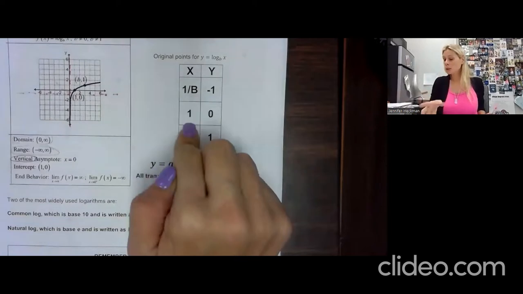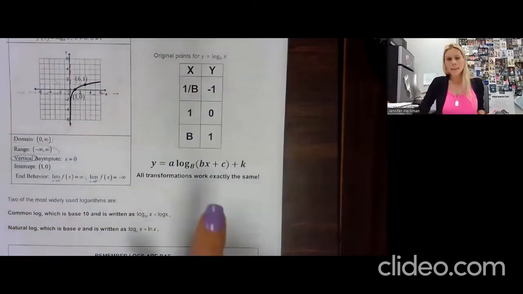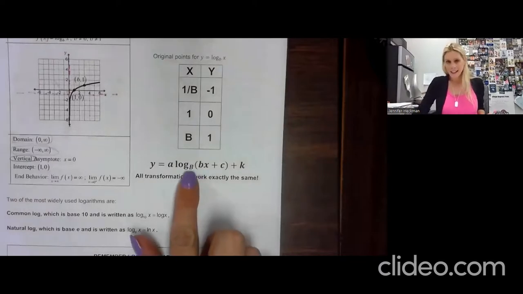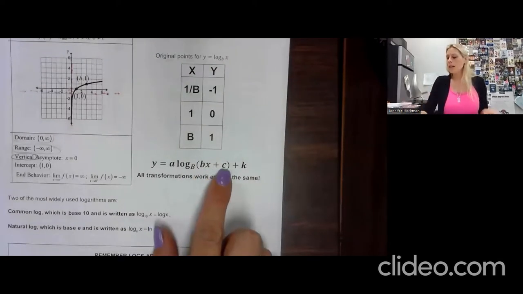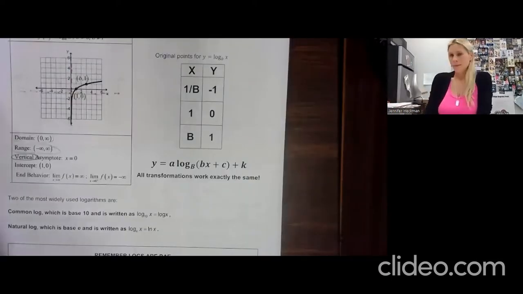Now, when it comes to our transformations, this is how it looks. This subset is our base. The inside, a little bit easier to look at the inside, right, because of the parentheses. The other thing I want you to keep in mind is that, sorry, I got interrupted.